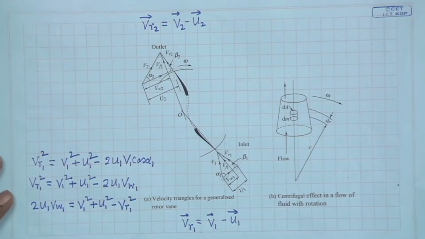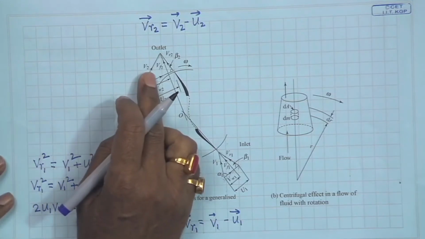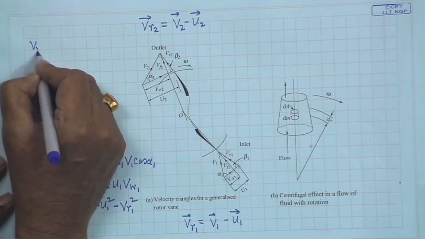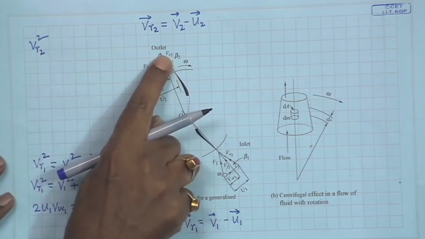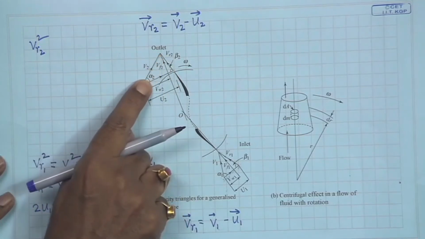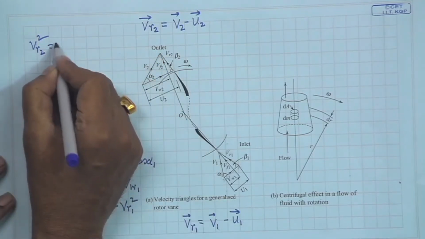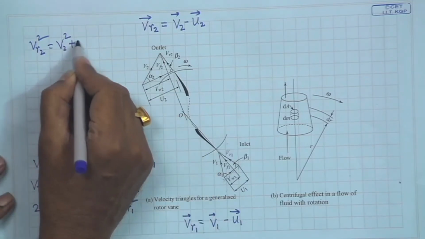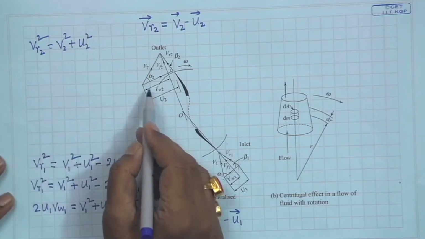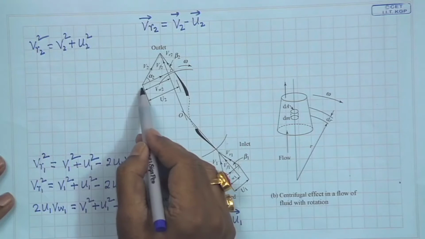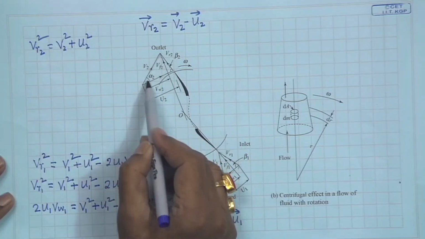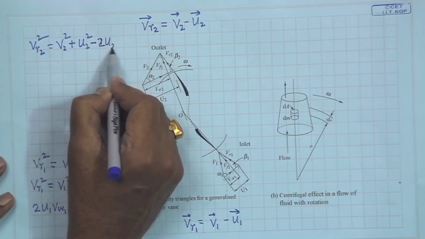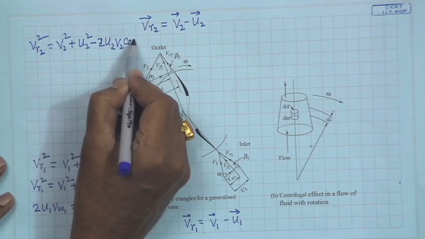Okay. Now, in a similar way, if we write it here at the outlet, what will we get? VR2 square, that means the square of this side, is equal to the square of this side plus the square of this side, that means V2 square plus U2 square minus twice U2, this is U2, into V2 cos alpha 2.